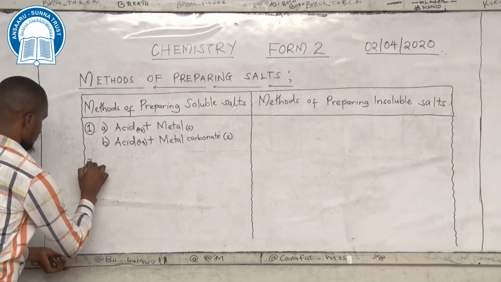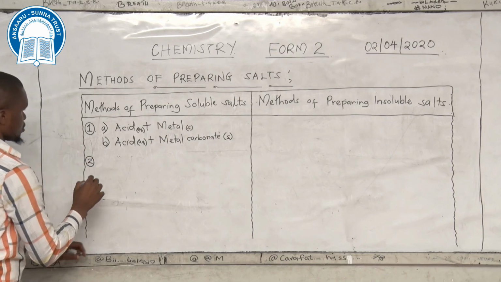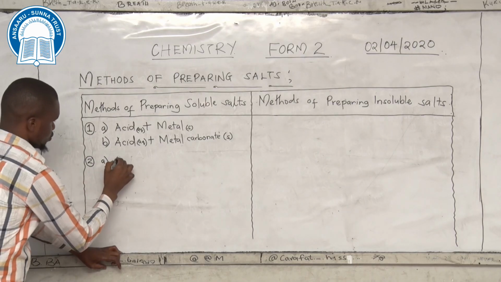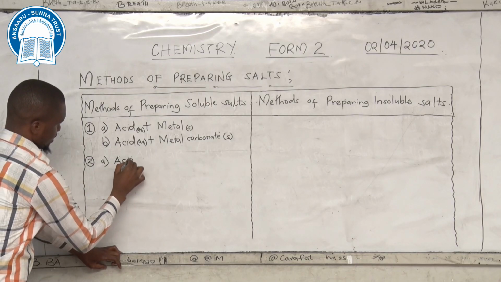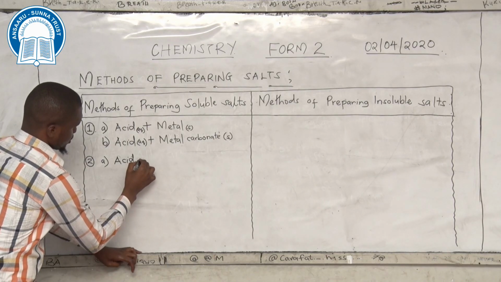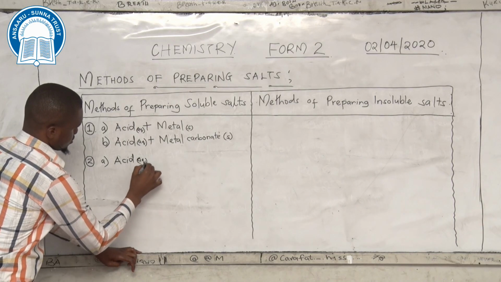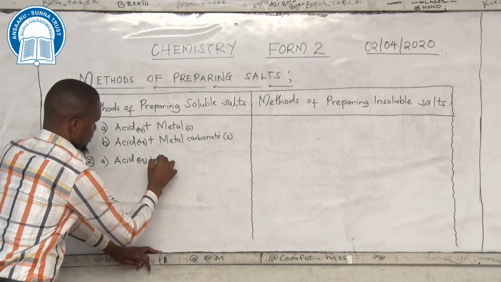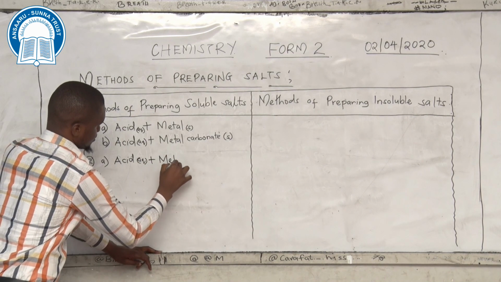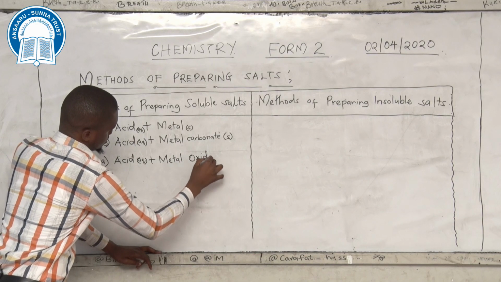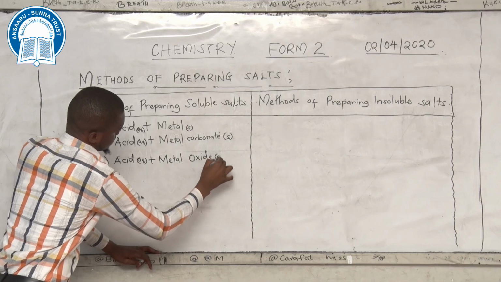Then our category 2. The first one will be an acid. You're wondering why an acid is everywhere here. We will also discuss that. An acid plus a metal oxide. And again, the metal oxide is a solid.